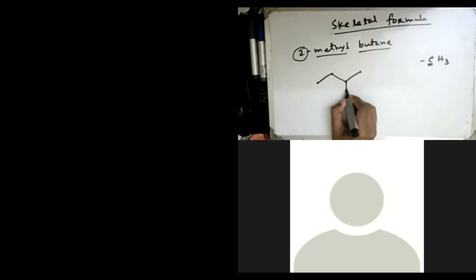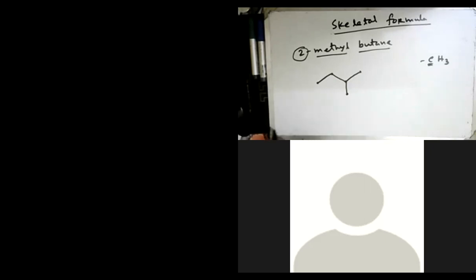So if we add it to the second carbon, this is the methyl group. Understood? Because we're not showing the carbon-hydrogen bonds, only the carbon-carbon bonds. So with the 2 number carbon, there is a methyl group here.